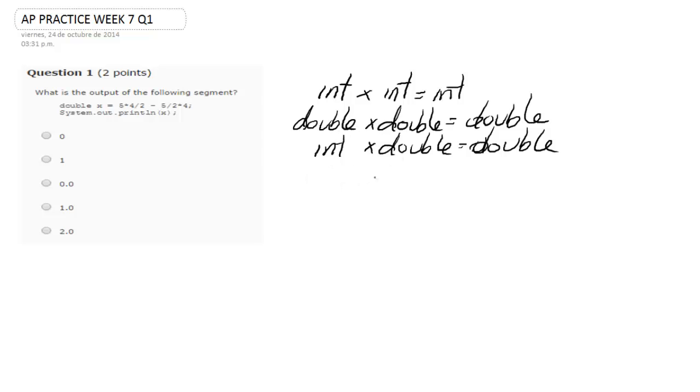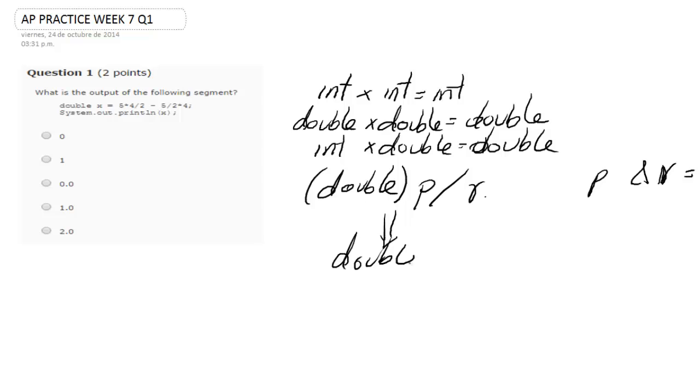If you cast, let's say, double p divided by r, with p and r integers, then the result will be a double. But if you cast the operation of p divided by r, this will be an integer. So we have to be very careful when we cast, and with the operations.